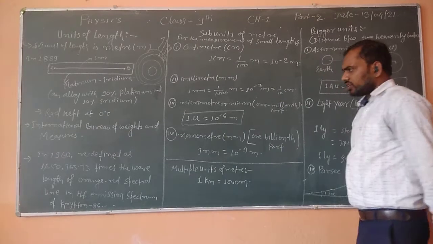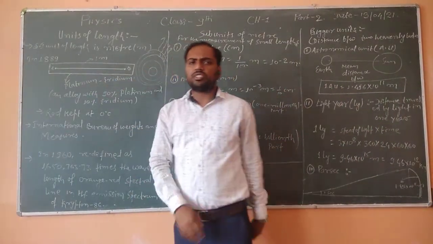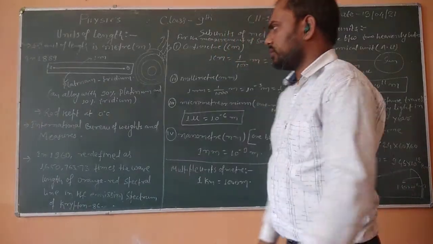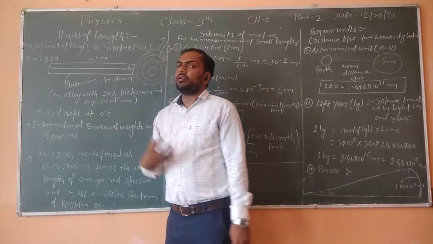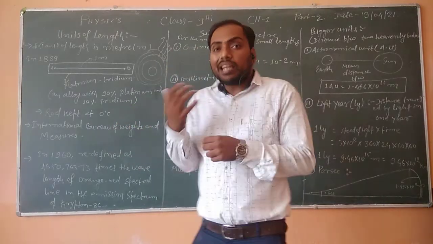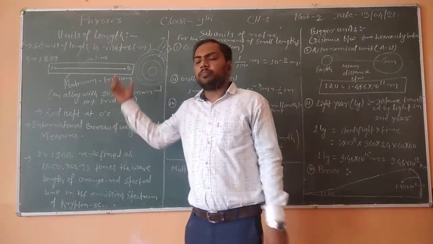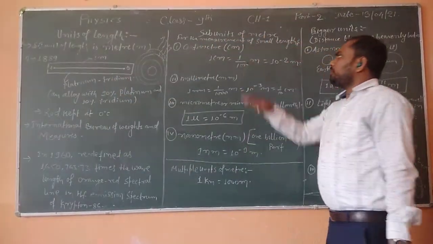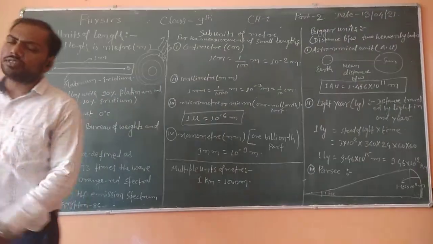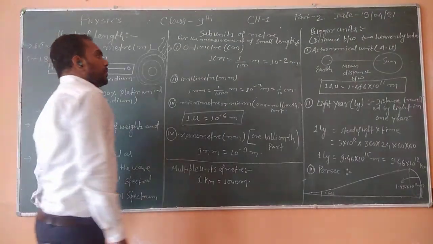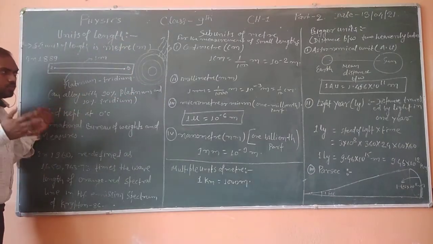This was the basic definition which has been given in your books also. You may read from that and understand this. I have given the basic idea of how they selected the 1 meter distance. Now, sub-units of meter. We have selected this much distance as 1 meter.